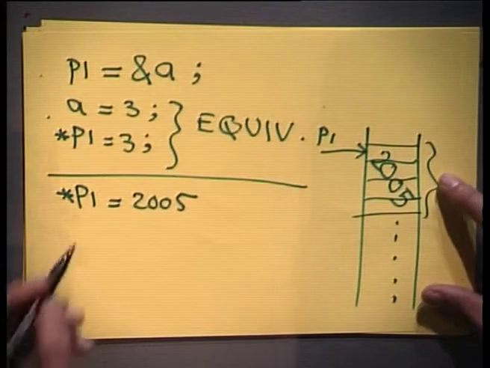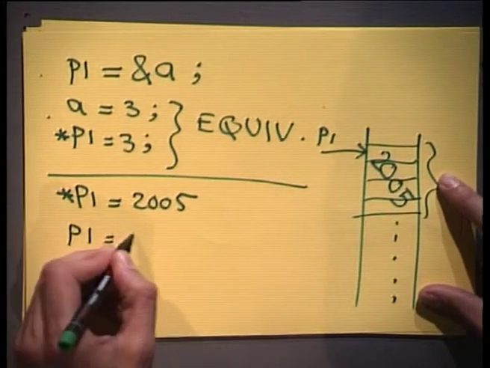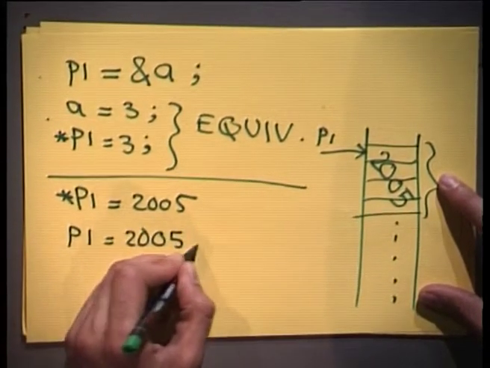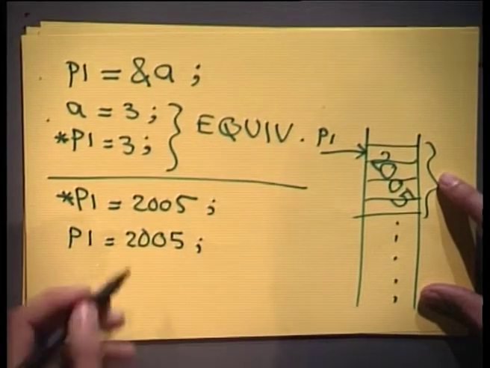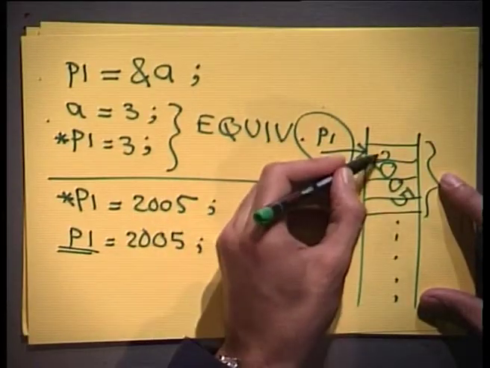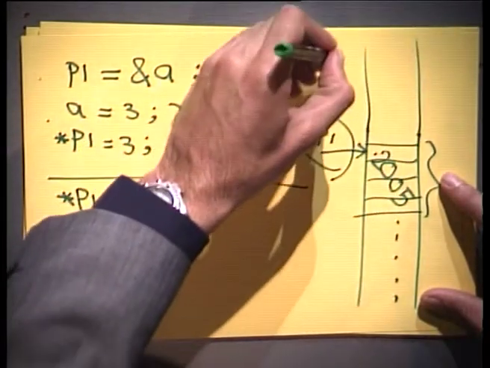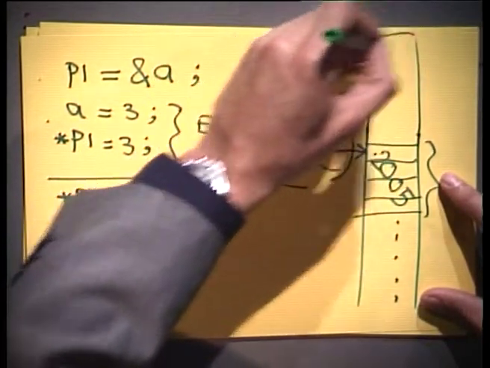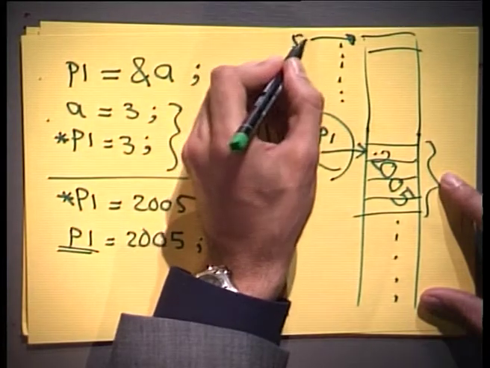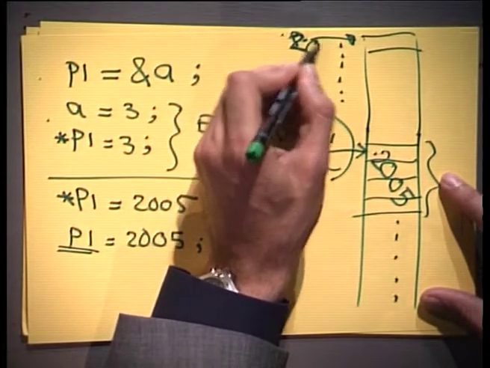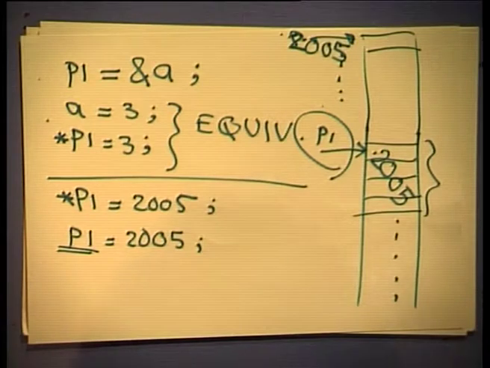However, if I say something like P1 equals 2005, then actually I'm changing the address pointed to by P1. So instead of P1 pointing to this location, P1 is going somewhere else up in the memory, and it's now pointing to this location, which is 2005, which is not what we want to do.